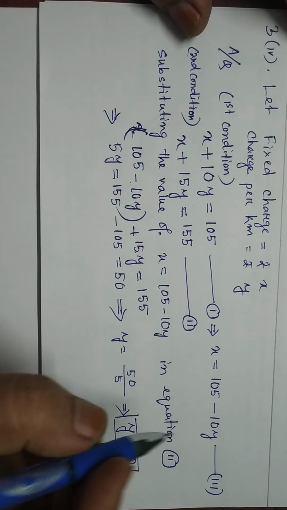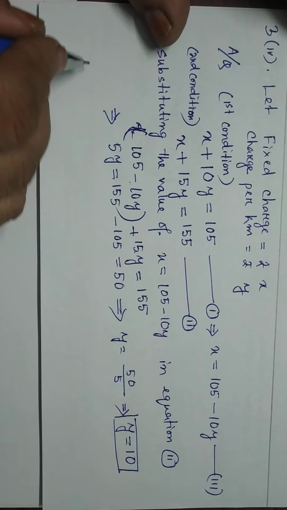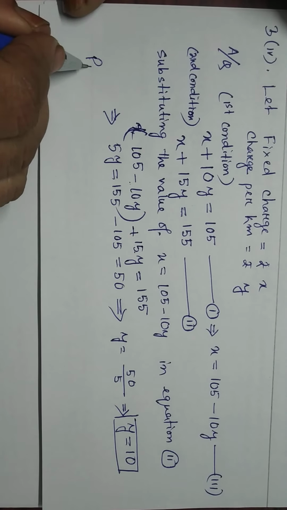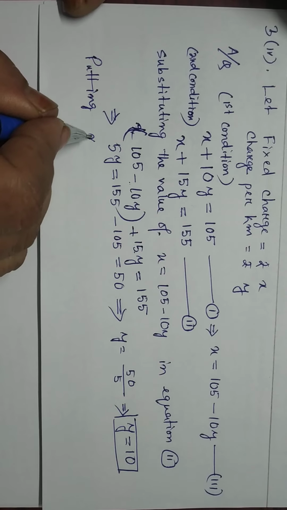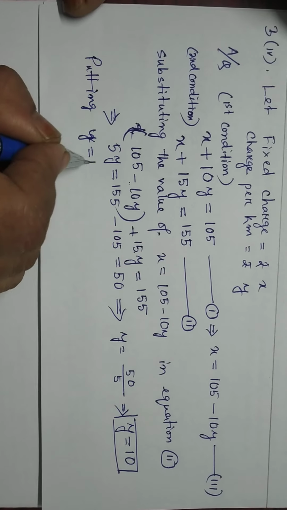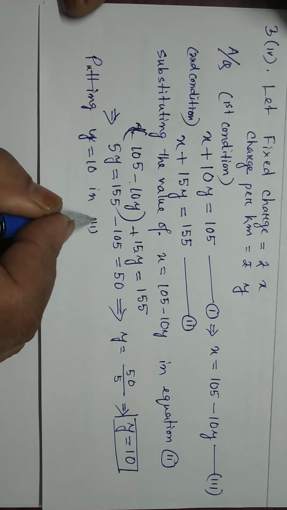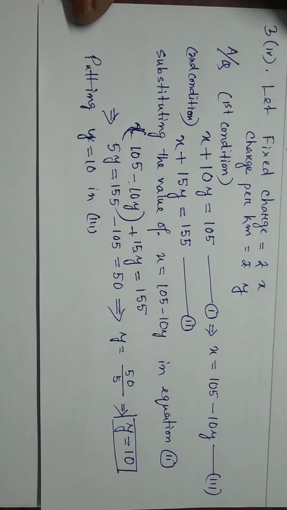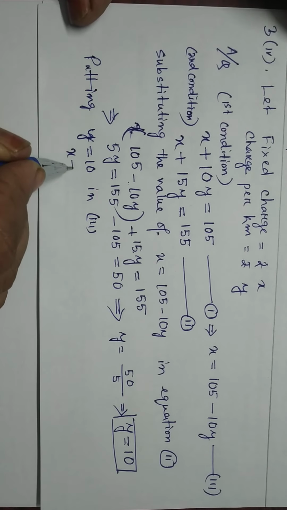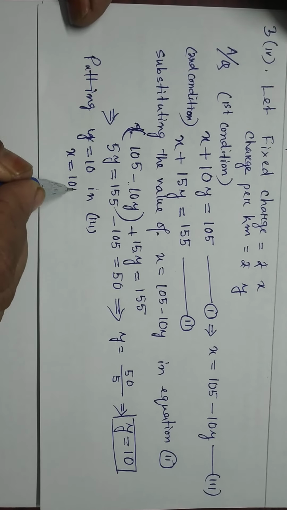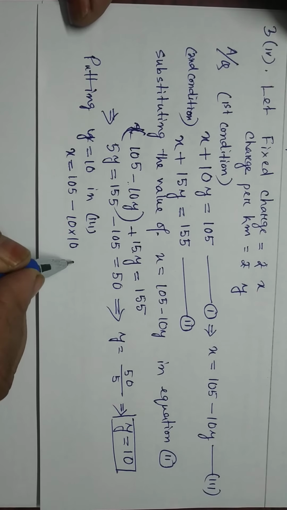Now this Y value, if we put in equation number 3, then we get the value of X. Now putting Y equal to 10 in equation number 3, we get X is equal to 105 minus 10 into 10.